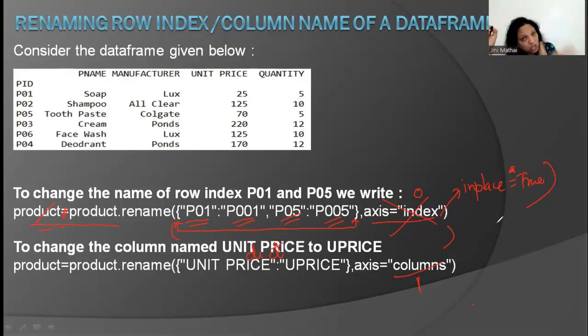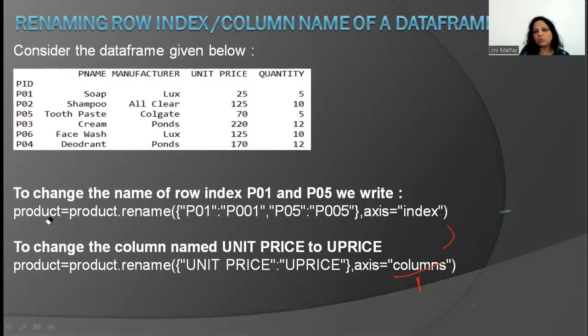Here it was giving me a new data frame, which I am using and putting into the old one. Actually, the old one gets modified. But instead of doing that, I could also use the parameter called inplace, as I have shown you here. Let me just clear up my screen a little before. Now you might say, where's the output for this? How do I know whether it took place?